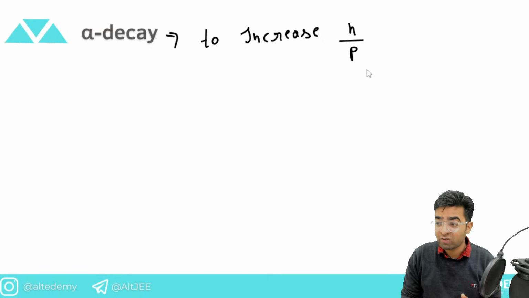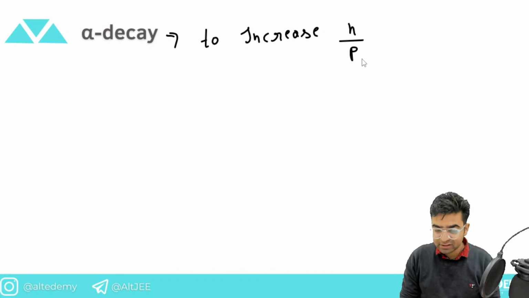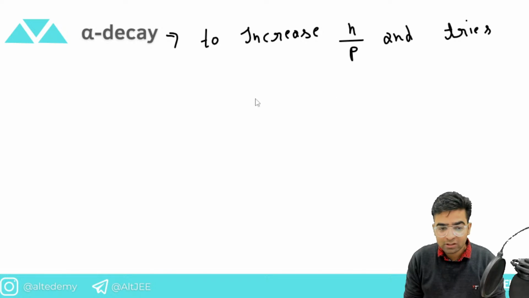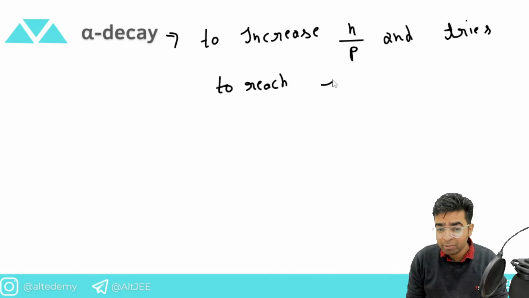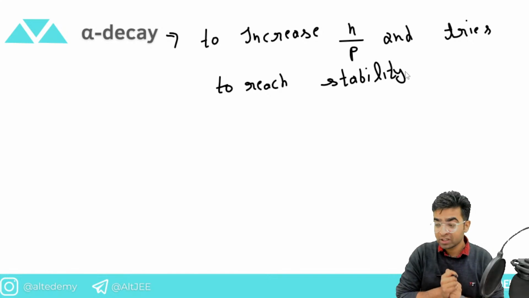If it emits an alpha particle, the N by P ratio increases and it tries to reach stability. The purpose of alpha decay is to increase n by p and to reach stability.